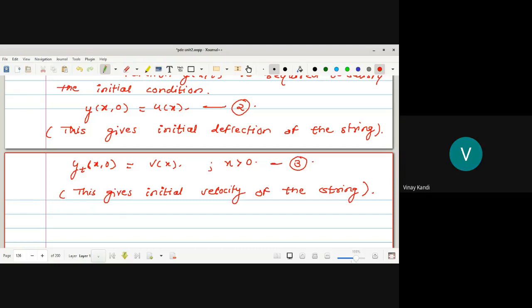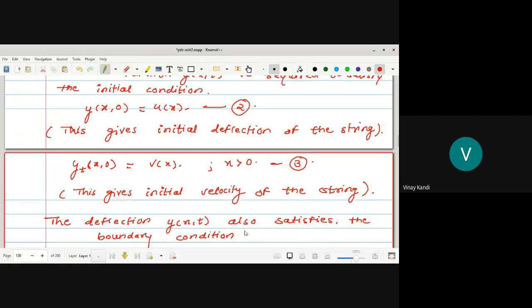No, sir. Okay, now look here. Two more conditions are there. Initial conditions, boundary conditions. Now the deflection of the string, y of x, t also satisfies the boundary condition.